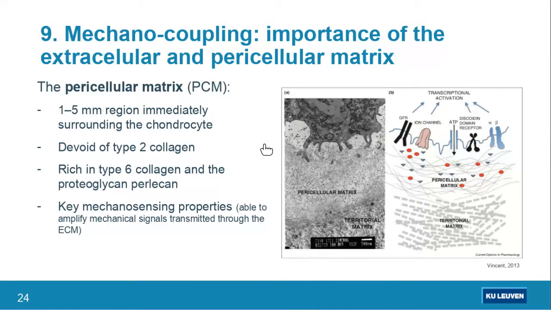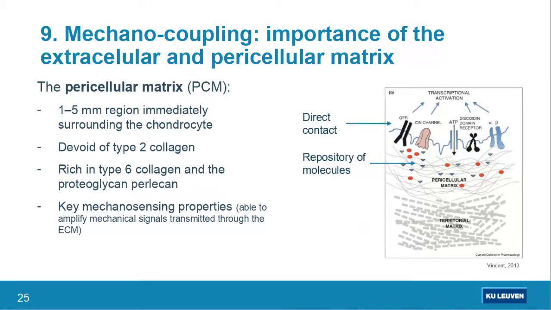So this transmission of forces from the extracellular matrix to the chondrocytes can happen in two different ways. So one way of doing this is by mediating the direct contact of the pericellular matrix with different mechanosensors that are present in the membrane of the chondrocytes. And the other way of transmitting these forces is because the pericellular matrix acts as a repository of different molecules and growth factors.